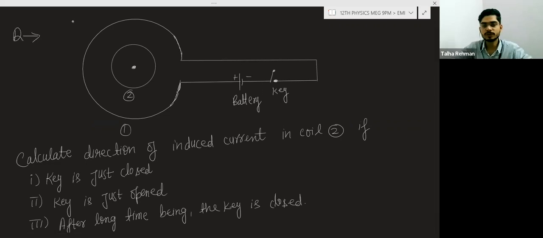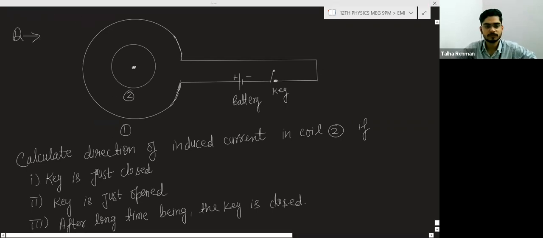So first note down this question, then I will solve it. Both of you note down.